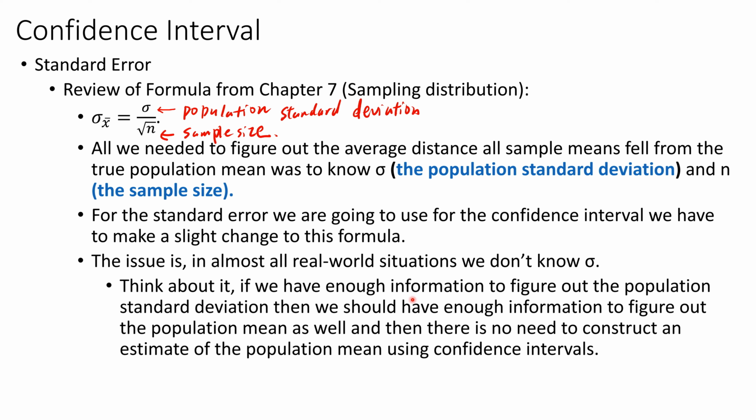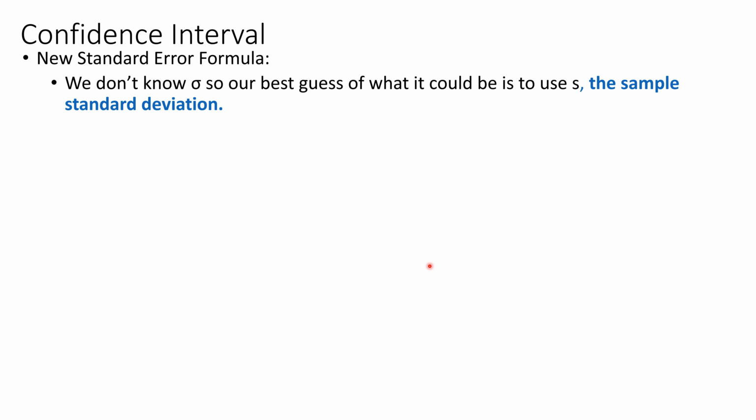If we have enough information to figure out the population standard deviation, then we should have enough information to figure out the population mean as well. And then there is no need to construct an estimate of the population mean using confidence intervals. Since we don't know the population standard deviation, we need to use new standard error formulas.